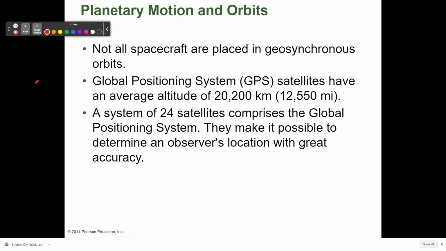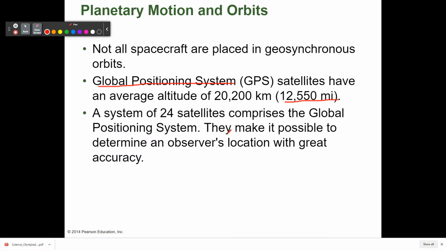Okay, now not all spacecraft are put in geosynchronous orbits. Our GPS system, our Global Positioning System satellites, do not go at 22,000 miles. They go at 12,500 miles above the Earth. And this is a system of 24 satellites, and probably maybe more now, I don't know. This is when this book was written.